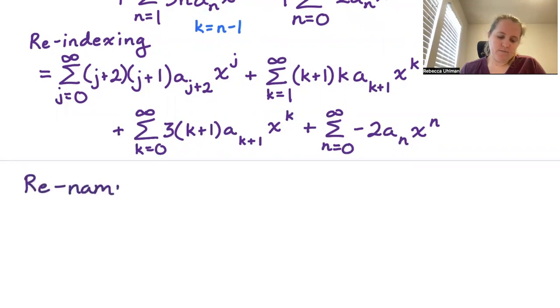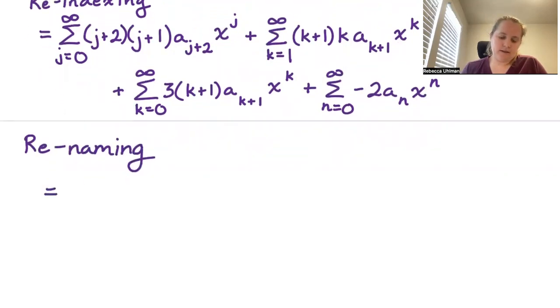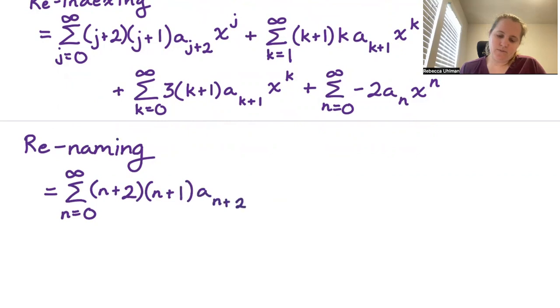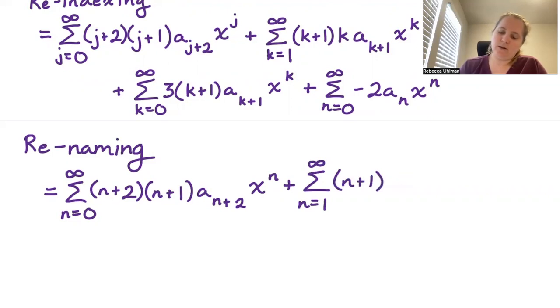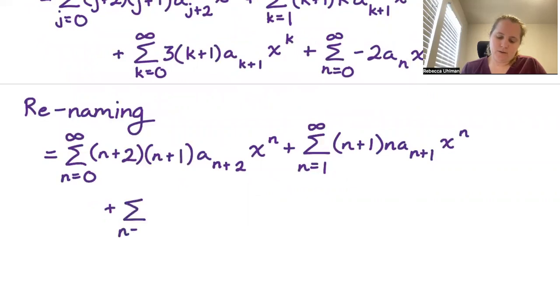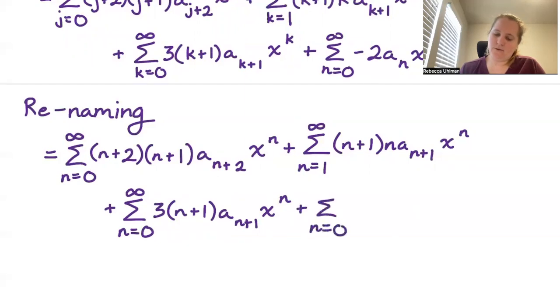So renaming, we can write this as the sum from n equals 0 to infinity of n plus 2 times n plus 1 times a sub n plus 2 times x to the n, plus the sum from n equals 1 to infinity of n plus 1 times n times a sub n plus 1 times x to the n, plus the sum from n equals 0 to infinity of 3 times n plus 1 times a sub n plus 1 times x to the n, and then plus the sum from n equals 0 to infinity of -2 times a sub n times x to the n.